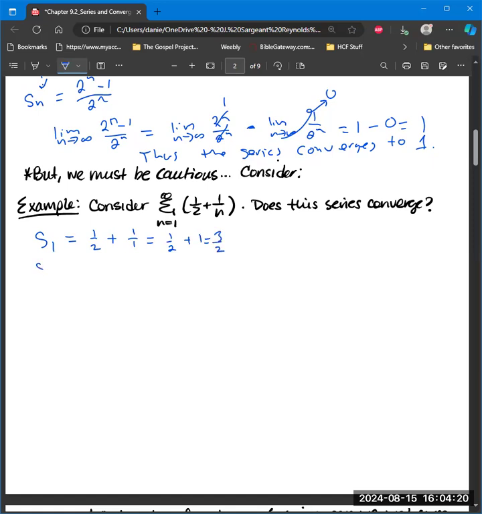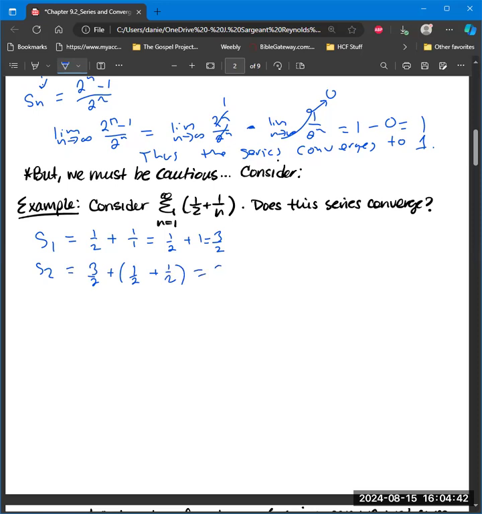And then S2 is going to be that 3/2 plus 1/2 plus 1 over 2.